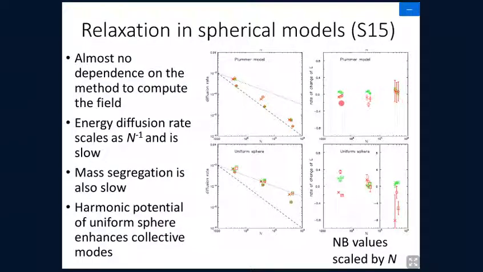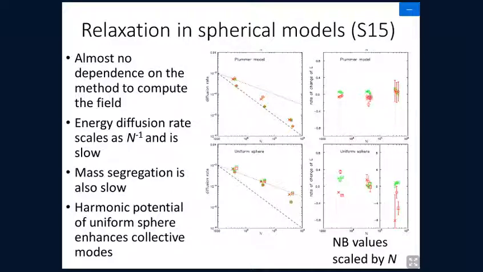On the right-hand panel, I'm using, as I did before, particles of different masses. So if you've got heavy and light particles and the system is relaxing, you should find that the energy is being transferred from the heavy particles to the light particles, and so the relaxation rate should differ.